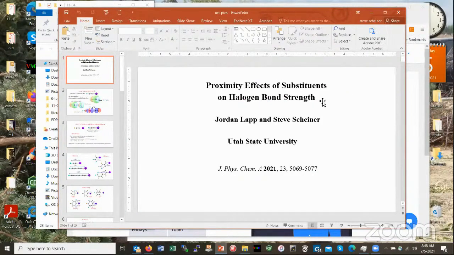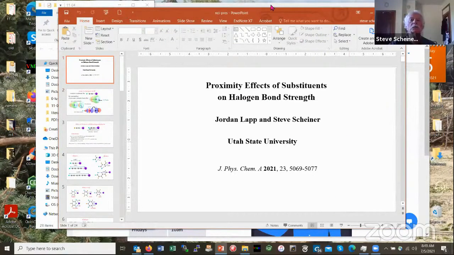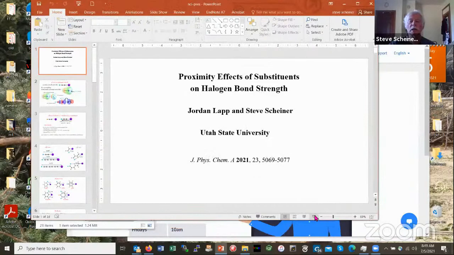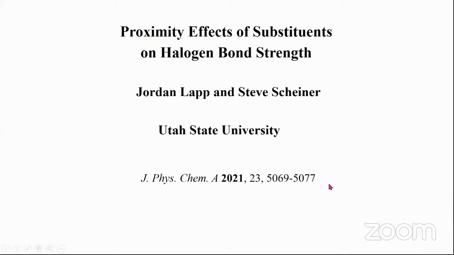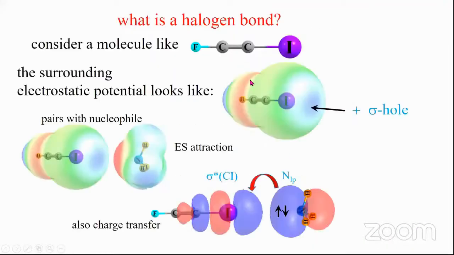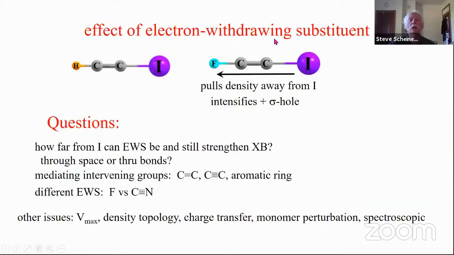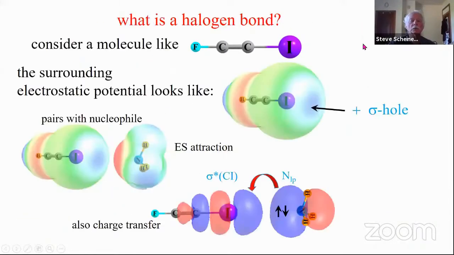So I'll be talking about proximity effects. Jordan Lapp is my co-worker on this project. And so, outlining a halogen bond, when we have a molecule like this one, FCCI, we look at the electrostatic potential around it, and you'll see that it has a positive hole.